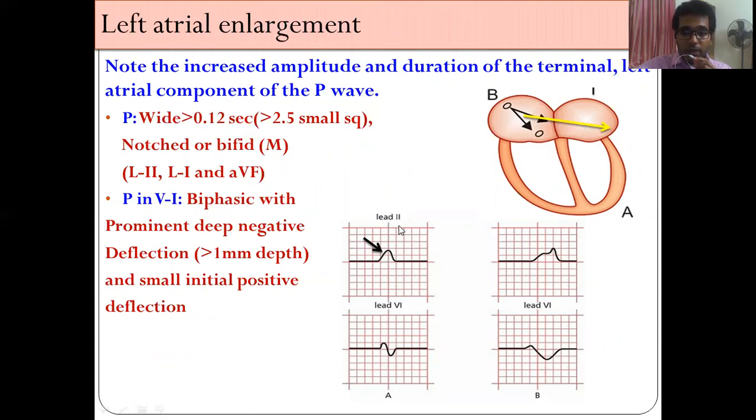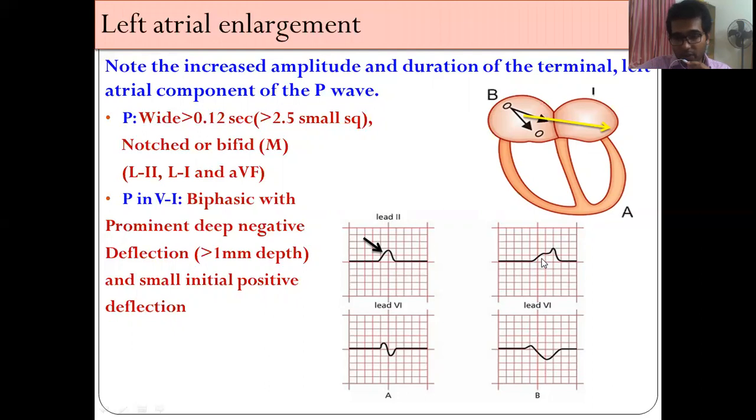This is the normal P wave produced in lead 2, but in case of left atrial enlargement, the voltage of the second half of this P wave will be increased, and it causes the P wave to appear bifid or M pattern. This is called P mitrale, and also the duration increases.